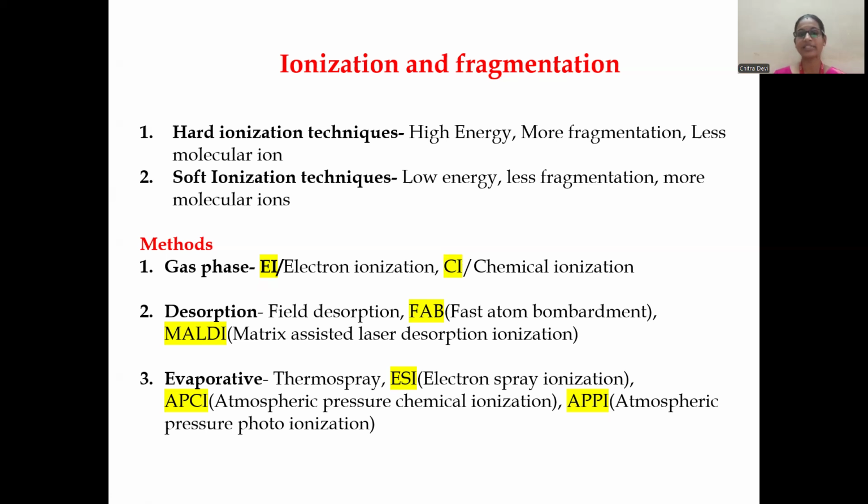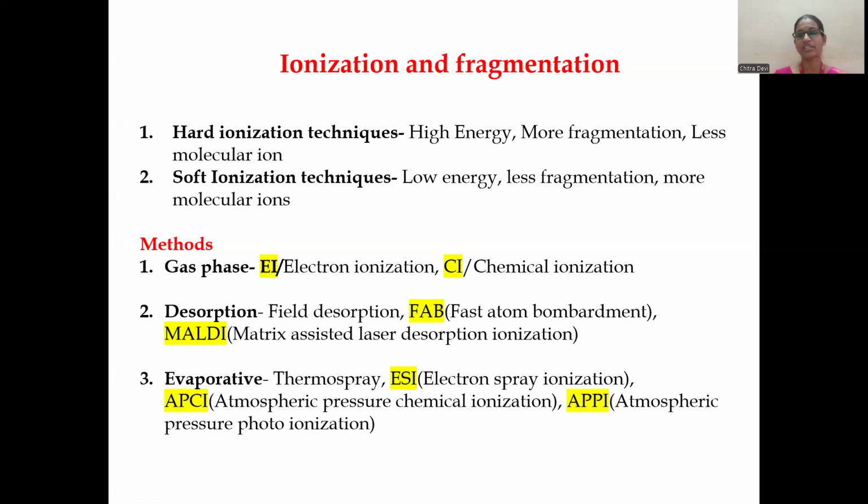In desorption techniques, there are field desorption, fast atom bombardment, and finally MALDI, that is matrix assisted laser desorption ionization. The third type is evaporative ionization: thermospray, electrospray ionization, atmospheric pressure chemical ionization, and atmospheric pressure photoionization. These are all the different types of ionization techniques.